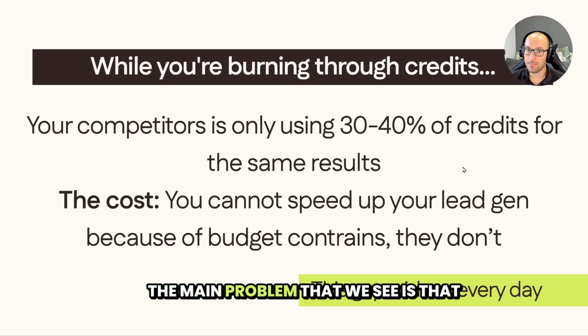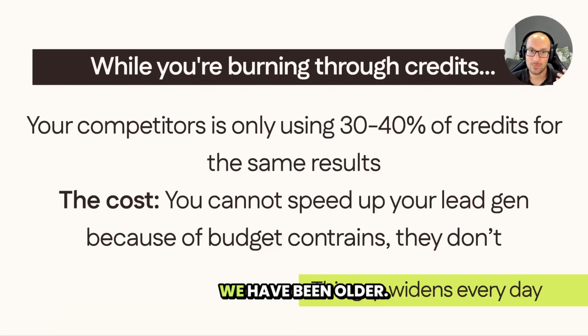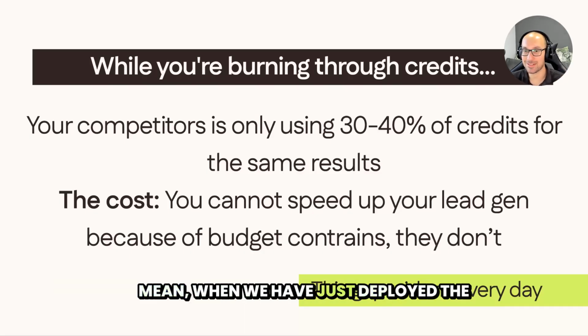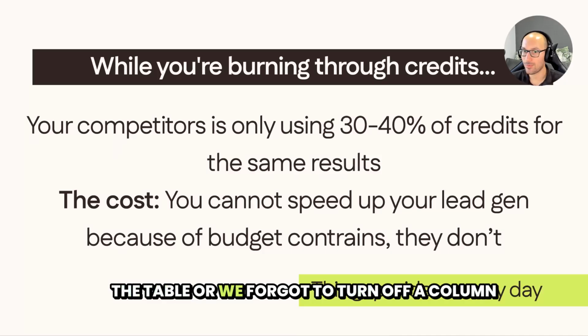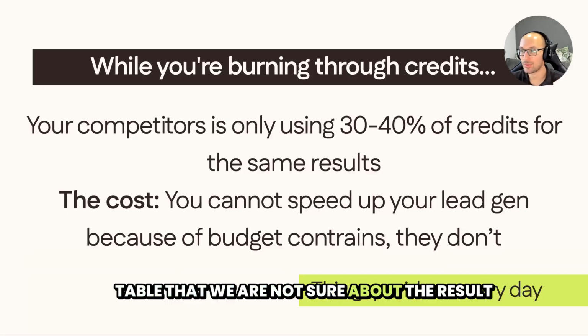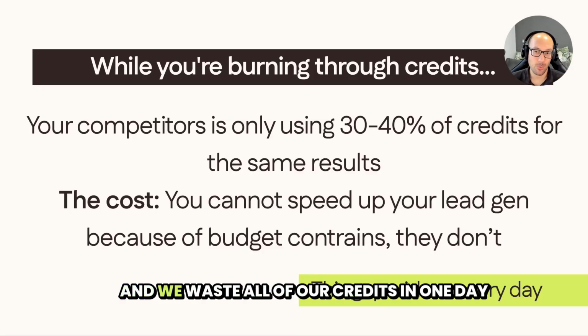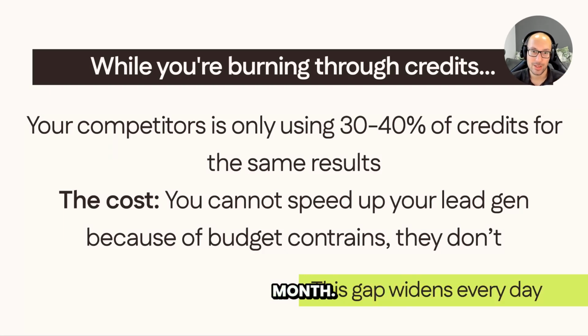The main problem that we see is that when you start using the credit system, you burn a lot of credits. We have been there too. When we had just deployed the system, many times we forgot to turn off the table, or we forgot to turn off a column when we added a new enrichment column in a table that we were not sure about the result of, and we enriched it all and wasted all of our credits in one day instead of using them through the whole month.